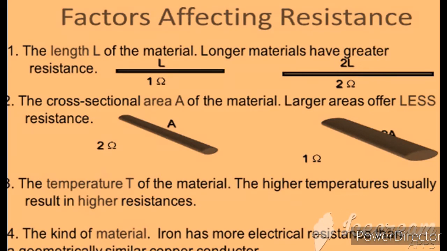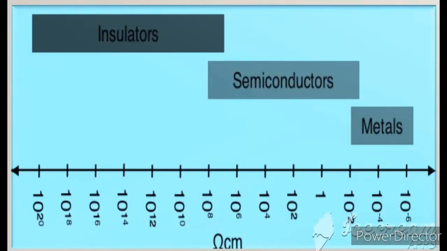So this is the general diagram for the materials based on the resistivity. Metals have very low resistance because they are very good conductors, and it ranges from 10 power minus 2 to 10 power minus 6.